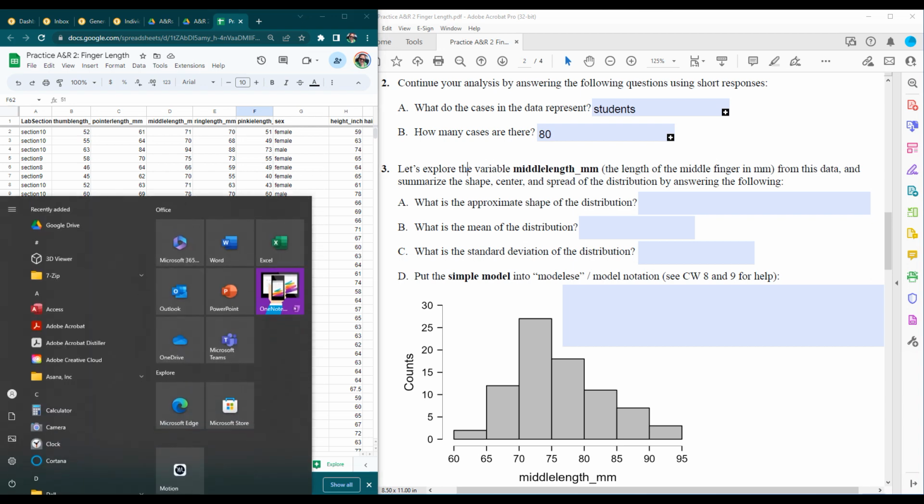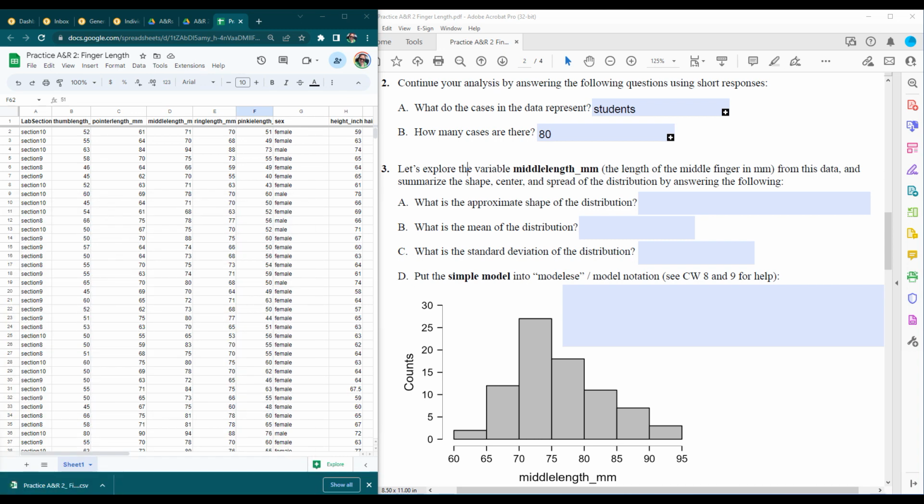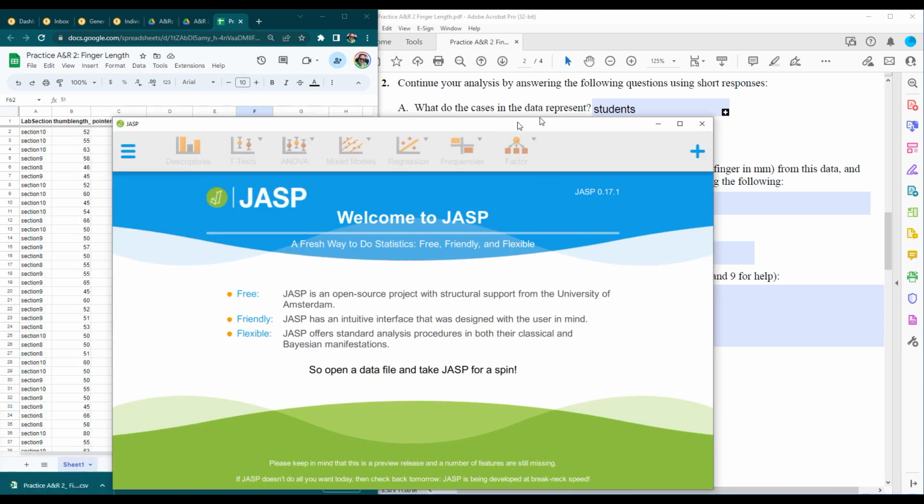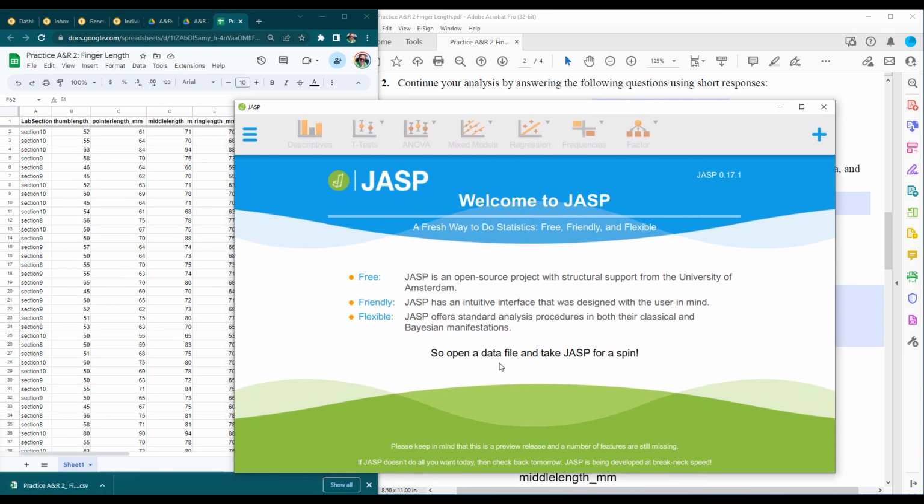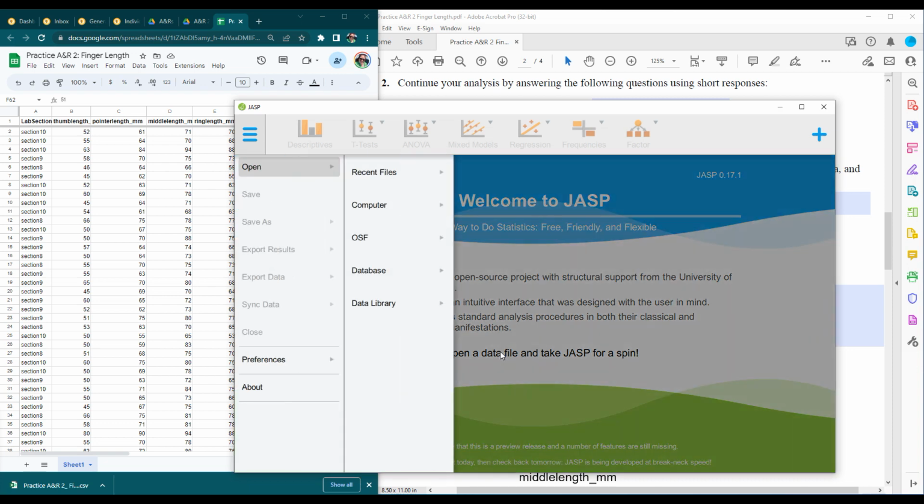So I'm going to start by opening up JASP. And then I'll open it from JASP. So open a data file.